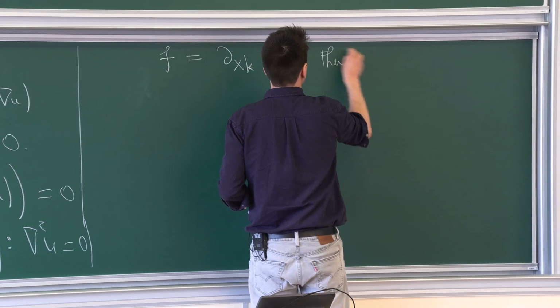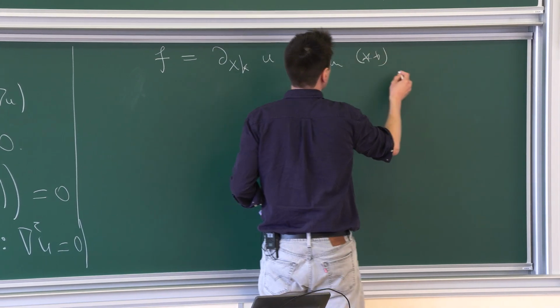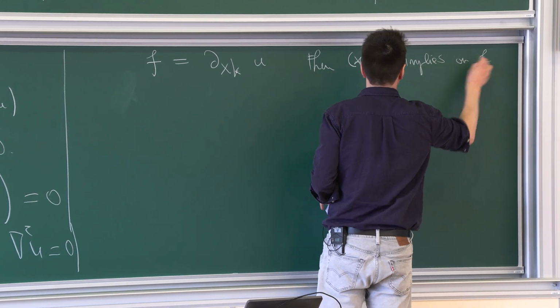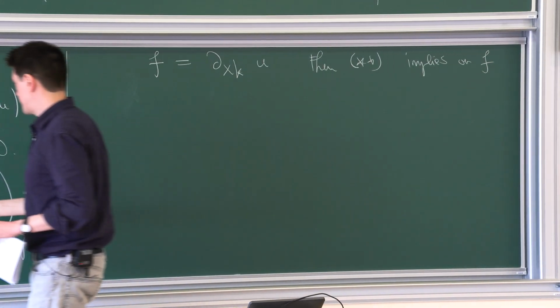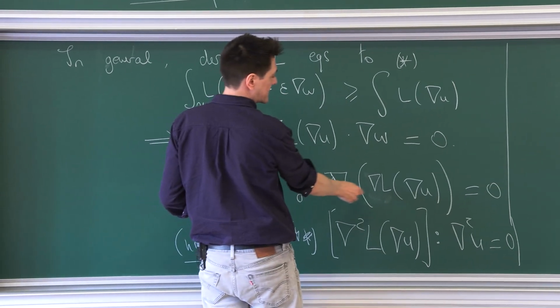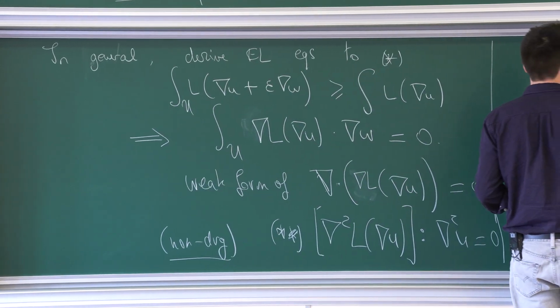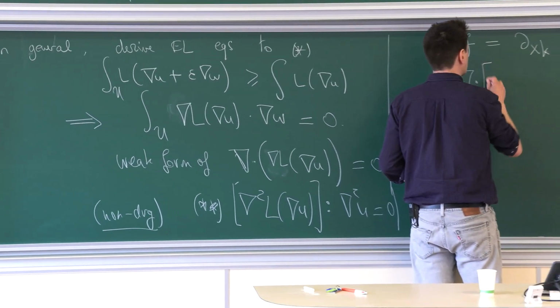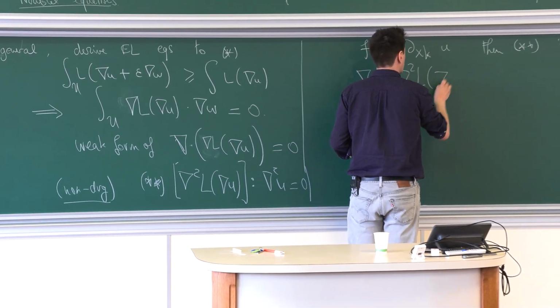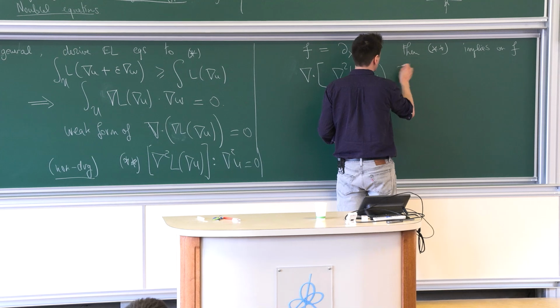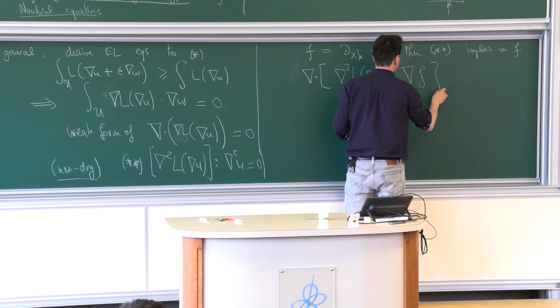Then the equation 2 stars implies on this new unknown f, so it's better seen here. You just differentiate in x_k that form, and you get that f will satisfy divergence of the same matrix applied to grad f.